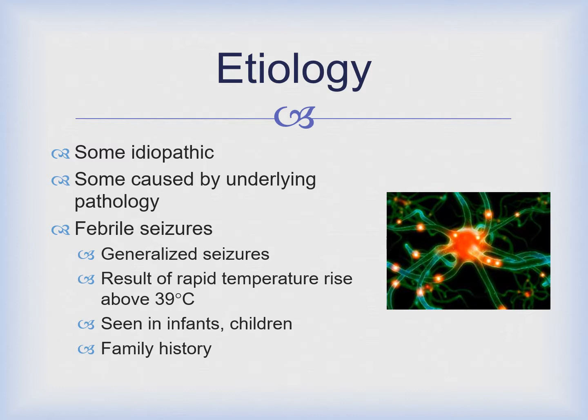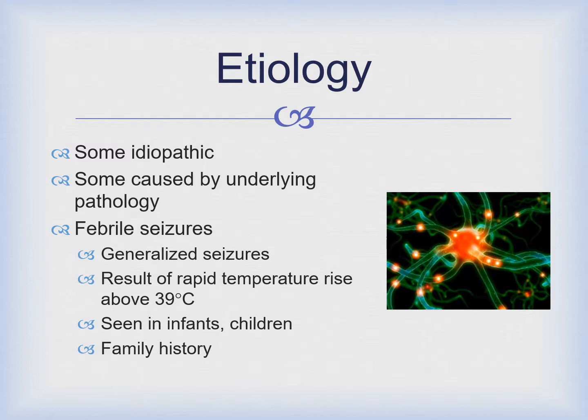And the reason would be because children have a lower convulsive threshold than adults do. And that's because they have an underdeveloped CNS. So as they get older, their risk goes down, and that usually takes care of itself if it's just a childhood history of a febrile seizure. So it doesn't necessarily mean they're going to develop epilepsy.